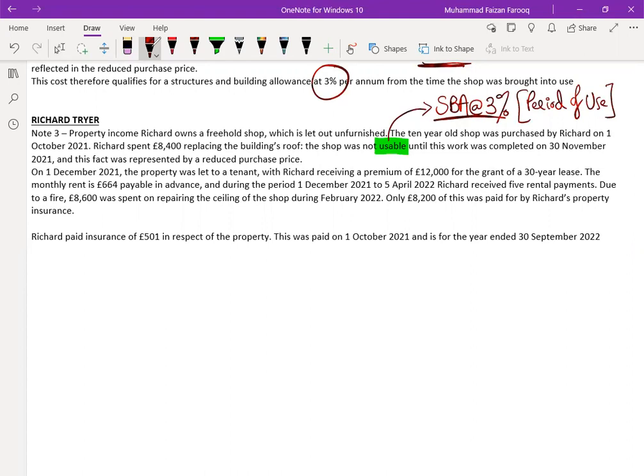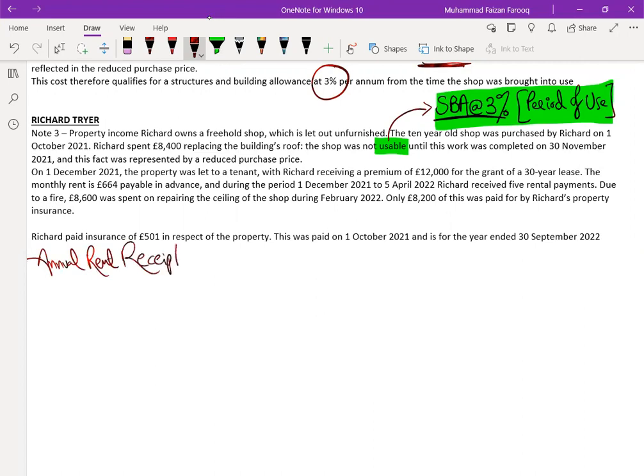On 1st December 2021, the property was let to a tenant, with Richard receiving a premium of £12,000 for the grant of a 30-year lease. The monthly rent is £664 payable in advance, and during the period 1st December 2021 to 5th April 2022, Richard received the 5 rental payments.